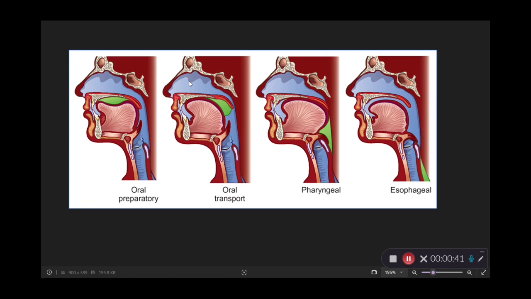So if it's a solid food, we're going to begin by chewing our food, which mashes our food up and creates this bolus, this mass, and that's the first picture. It's signified by the green color that you see over the tongue.